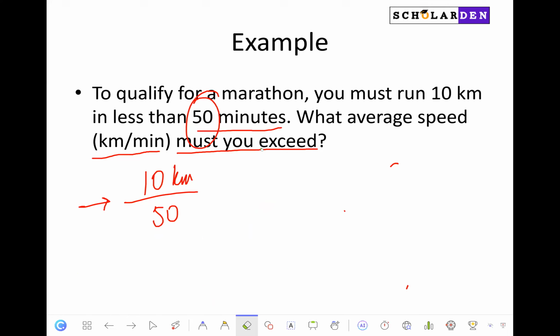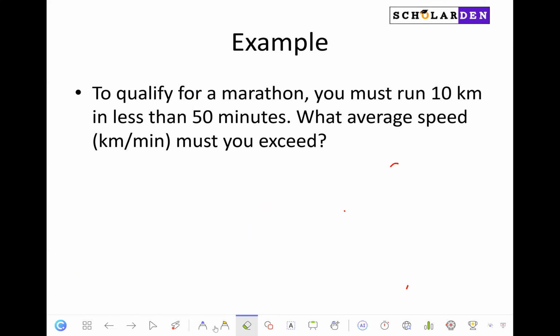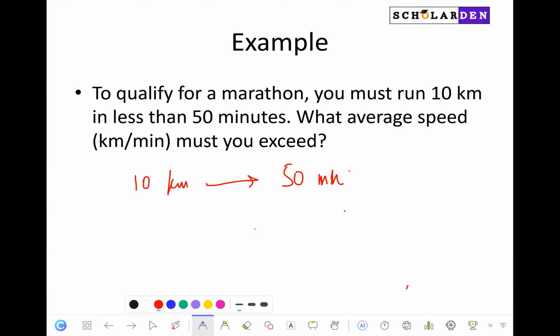If I have to cover 10 kilometers in less than 50 minutes, well, if I want to cover 10 kilometers in 50 minutes, I have to run at a speed of 0.2 kilometers per minute.